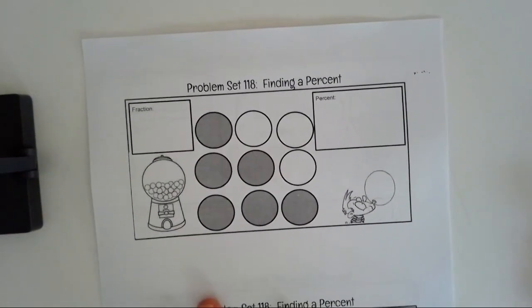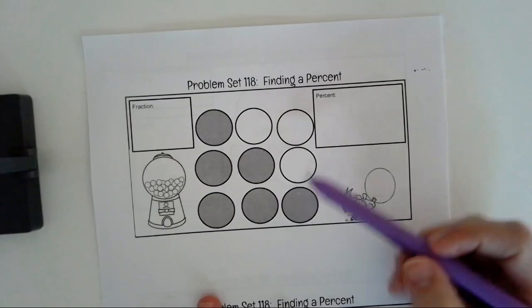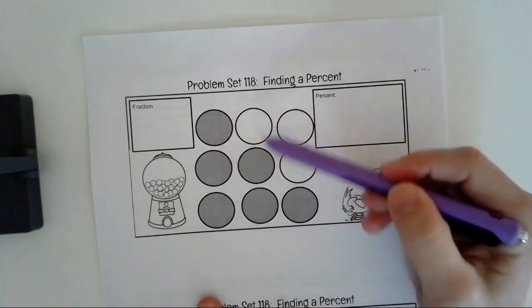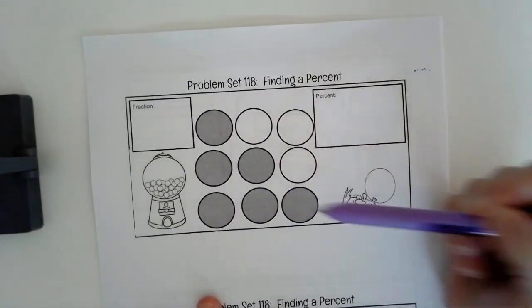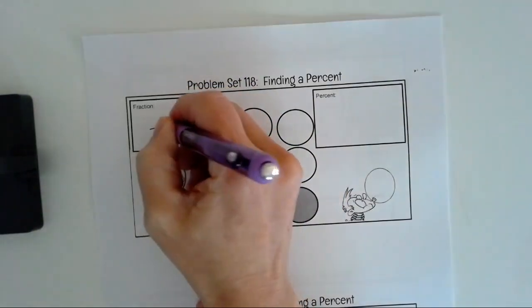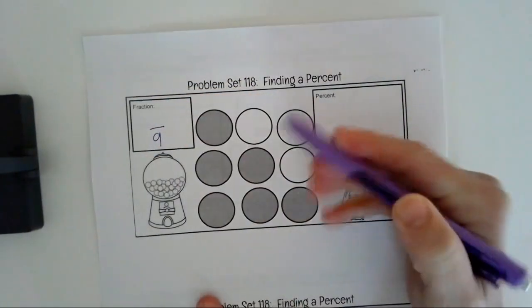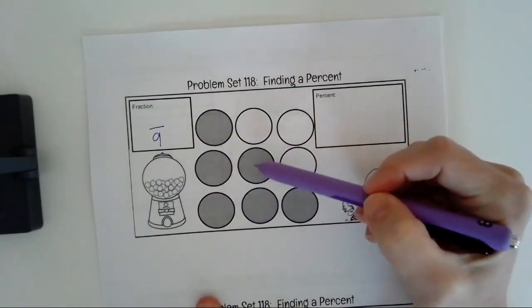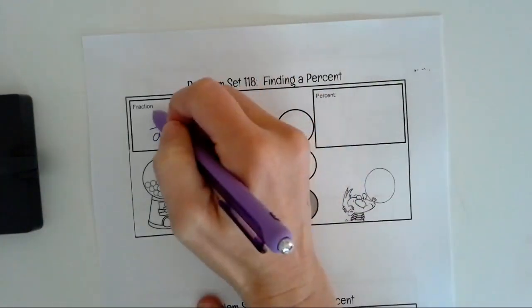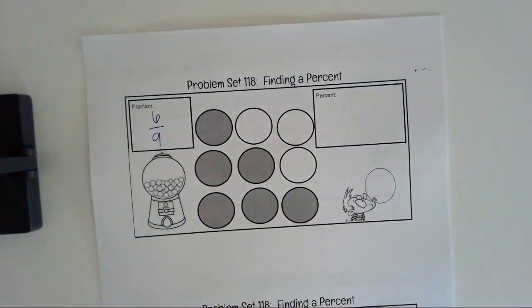Okay, so we've got 1, 2, 3, 4, 5, 6, 7, 8, 9 total gumballs. And the number that's shaded is 1, 2, 3, 4, 5, 6. So our question is, 6 of the 9 gumballs are shaded. 6 is what percent of 9?